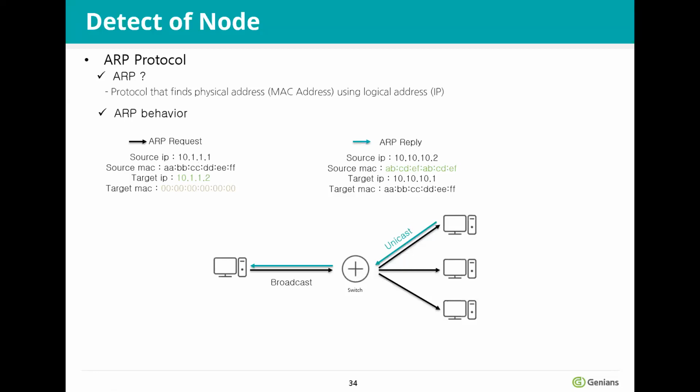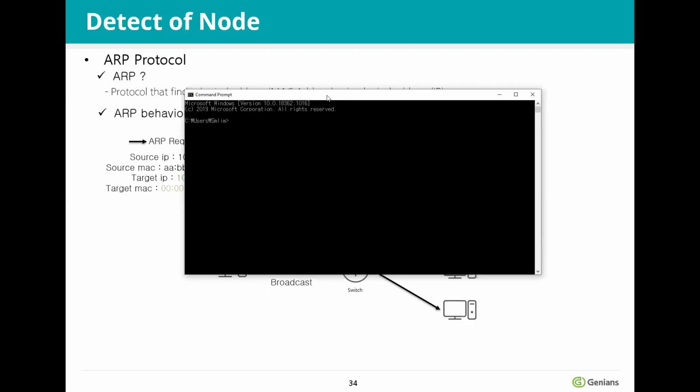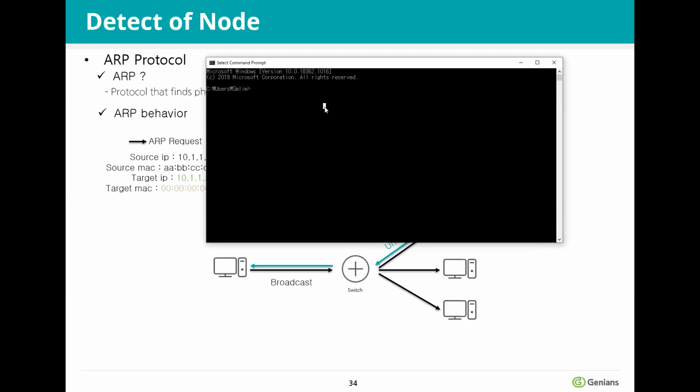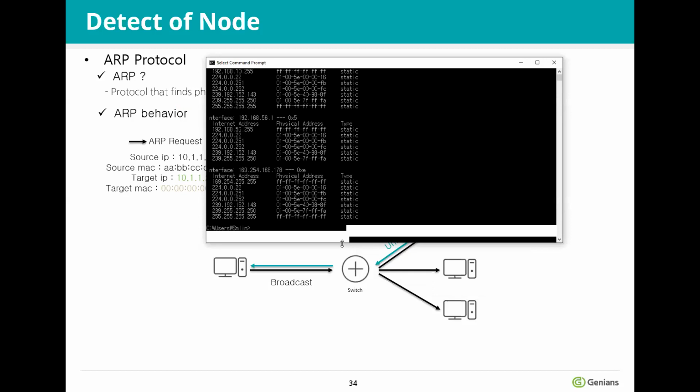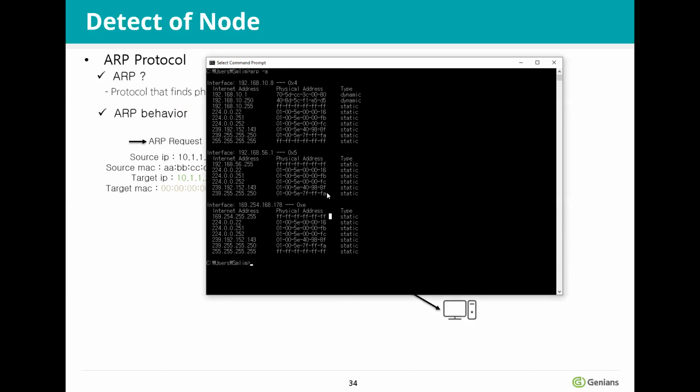So you can check the ARP table. Just open the command prompt and type arp -a. It is your PC's ARP table.